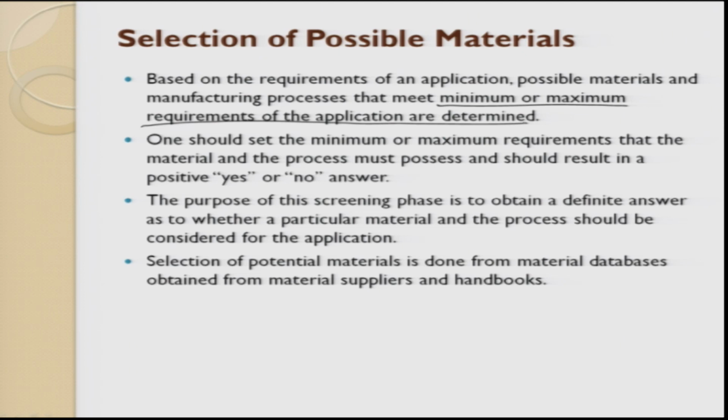That means you have to list down all the processes and all the properties, and then you start ticking them. You should have a big matrix in front of you. Then one should set the minimum or maximum requirements that the material and the process must possess, and should result in a positive yes or no answer.